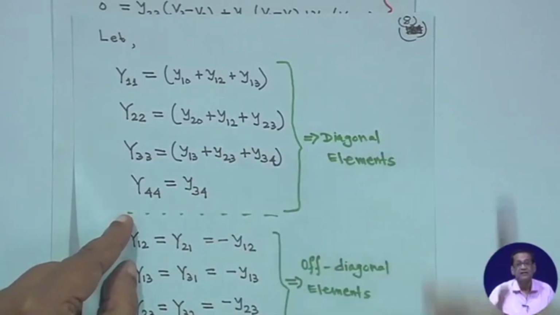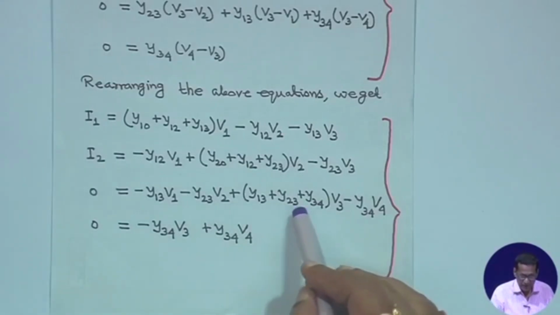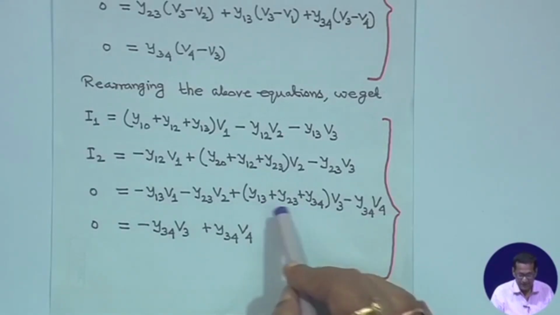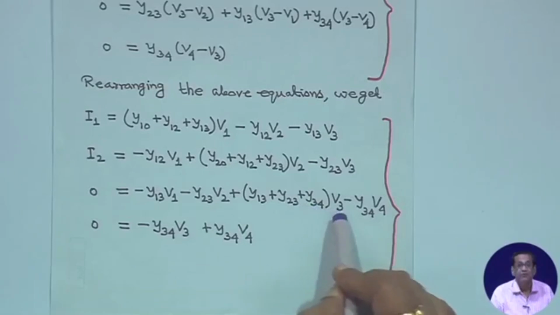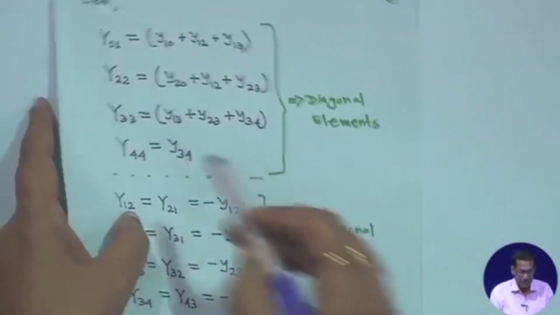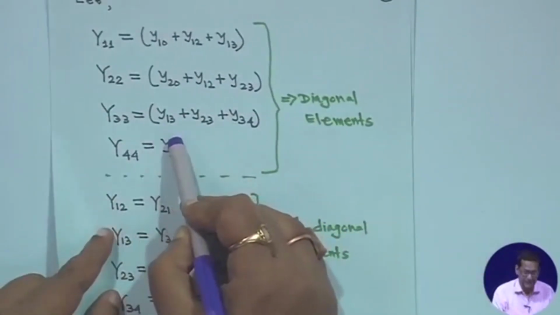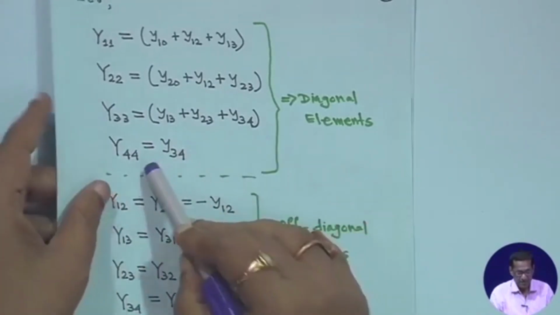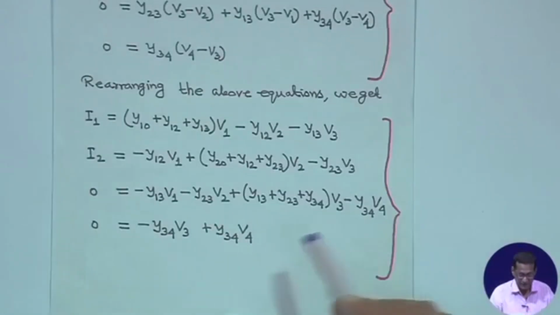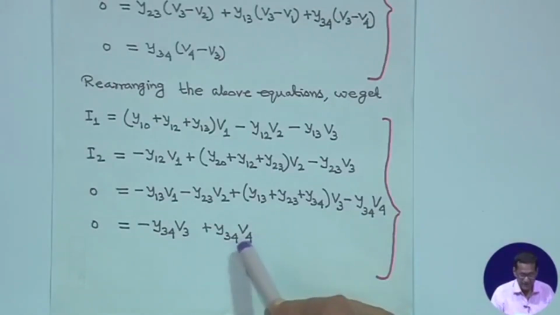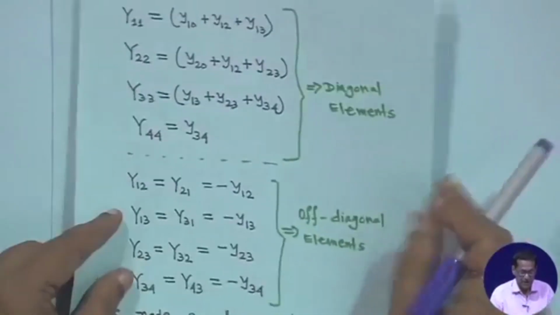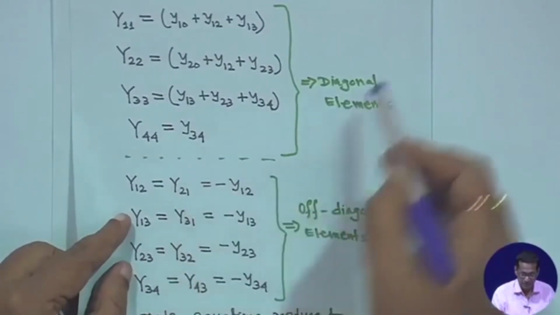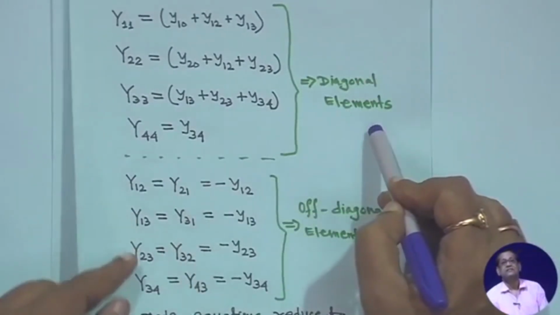Then the third one, capital Y33 is equal to y13 plus y23 plus y34. And the last one, capital Y44 is equal to y34. These are all diagonal elements.